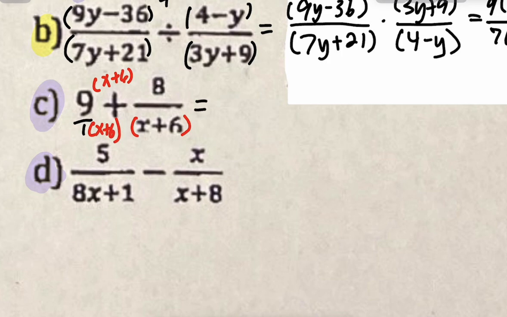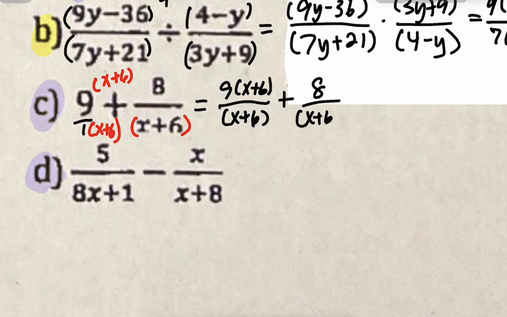Okay. So our first fraction is 9 times x plus 6. Our second fraction's numerator is just that 8. And the rule of fractions is that if you get a common denominator, you keep the denominator, and we can add up the numerators.